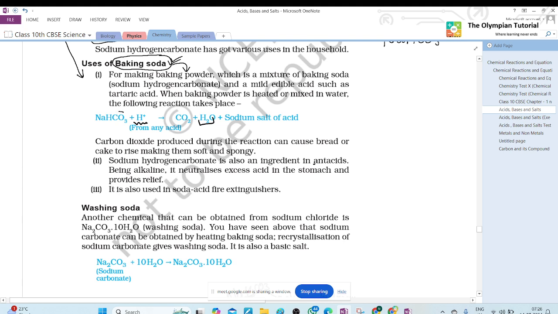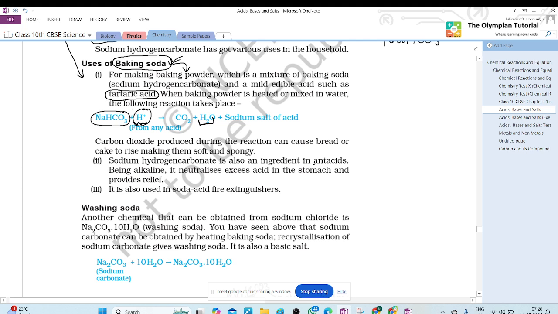Because when baking soda, sodium hydrogen carbonate, reacts with tartaric acid. Tartaric acid, students, actually as we use it in sour products, acids are sour, and in acids we have H plus ion.